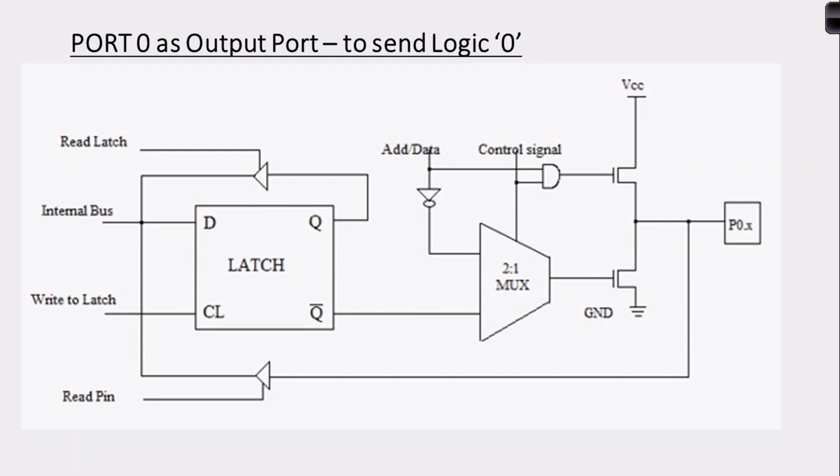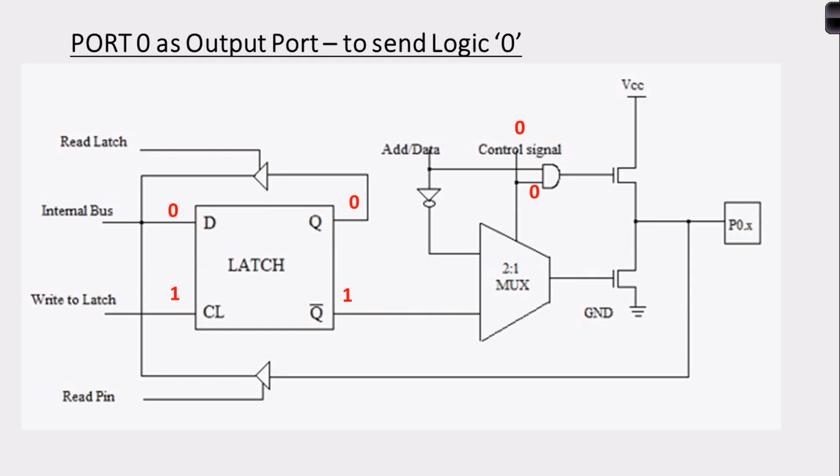Now, in the previous slide we looked at how we can make our port an output port. Now if I want to send logic 0 to my output port 0, I'll make this 0, my control signal is 0, and my Q and Q bar outputs will be 0 and then 1. This control signal is connected to an AND gate.